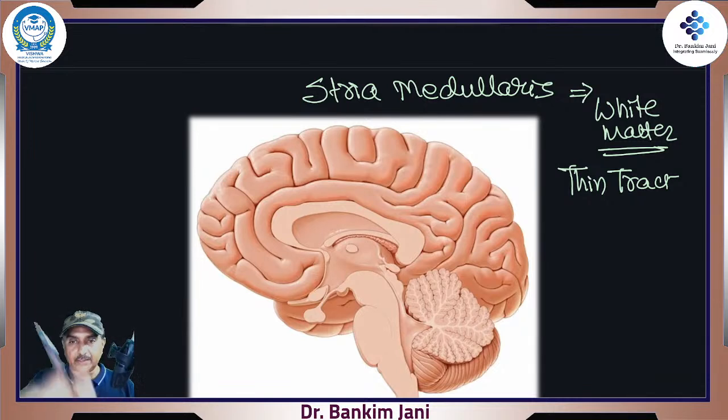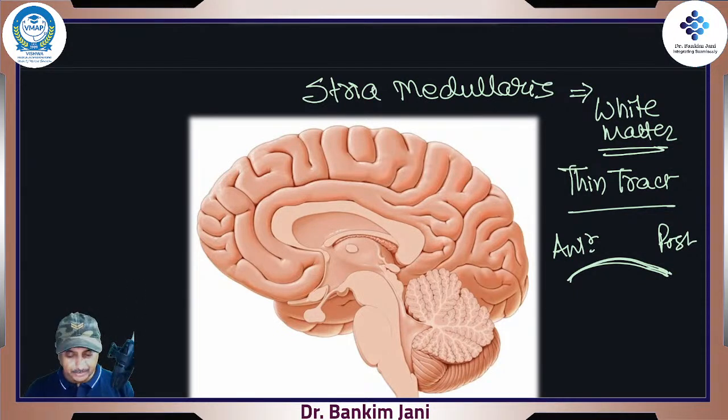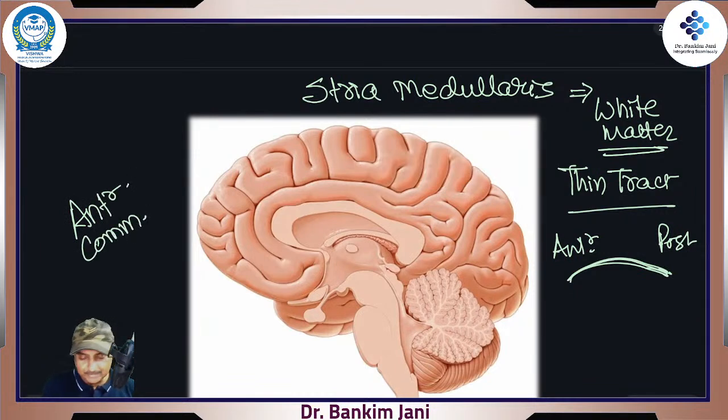This is from anterior to posterior. So this would be anterior and this one would be posterior. It is going from anterior to posterior. In that case, anteriorly, what do we get? Anteriorly, we get the anterior commissure. Here is the anterior commissure, right?